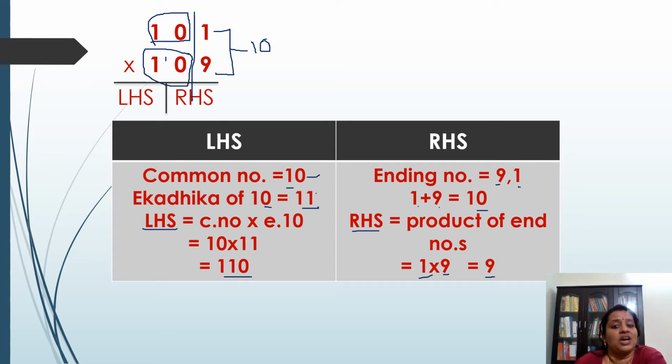Just remember, the RHS should always be a two-digit number. It should never be a single digit. In the last totaling 10 method for multiplication of numbers, the RHS should be a two-digit number and should never be a single digit. But here I am having only a single digit. How can I convert it into a two-digit number?